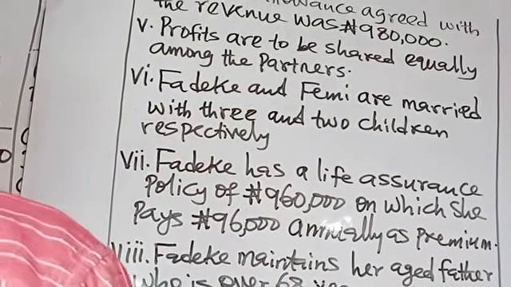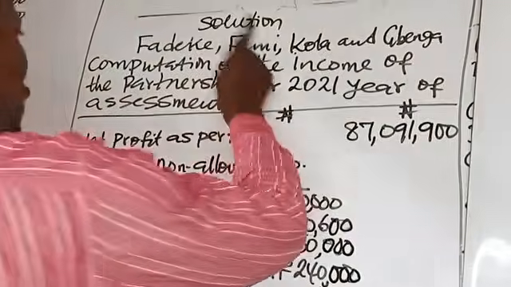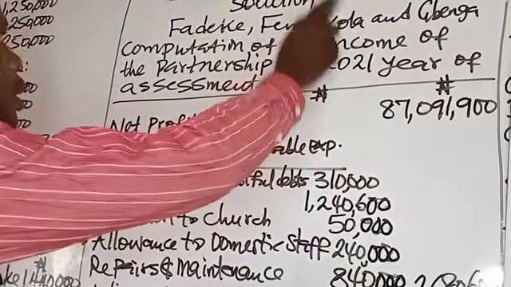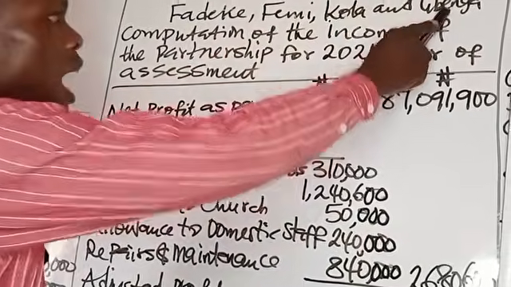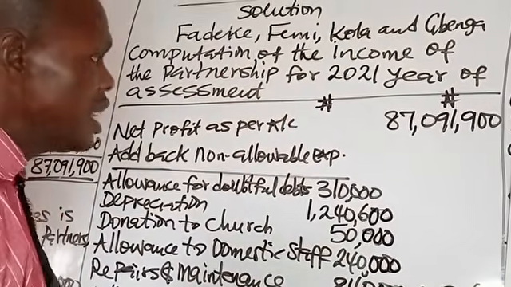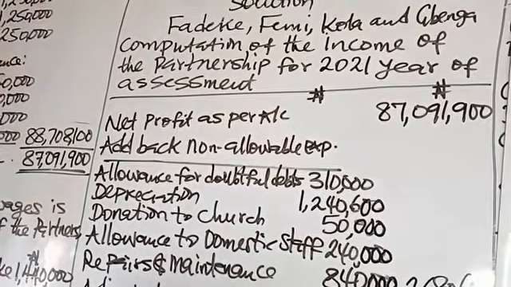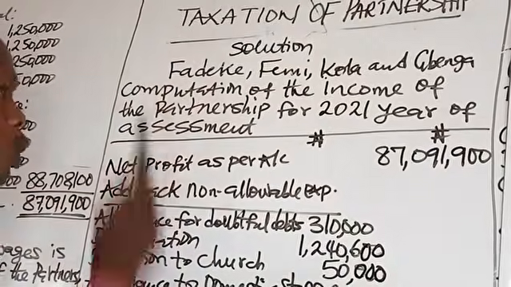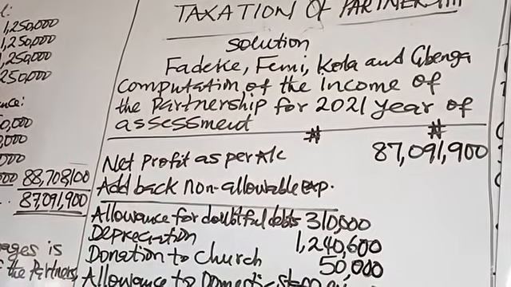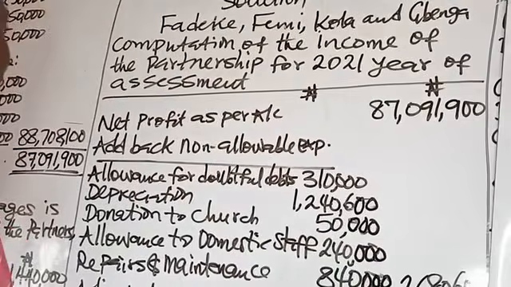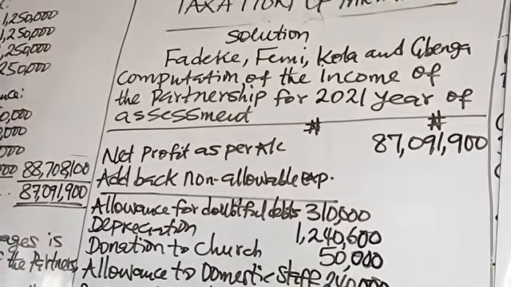How many are they? We have Fadike 1, Femi 2, Kola 3, Benga 4. Since there are 4 partners, each of the partners will receive 1/4, since the profits or losses of the partners are to be shared equally.